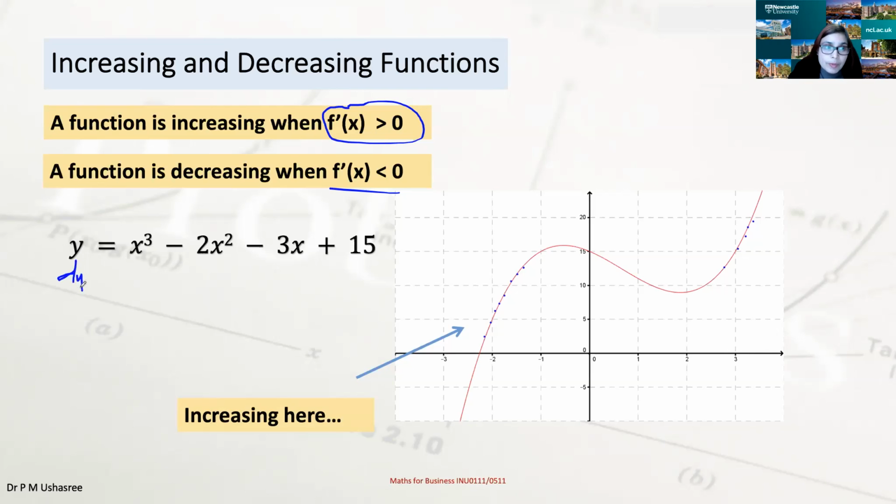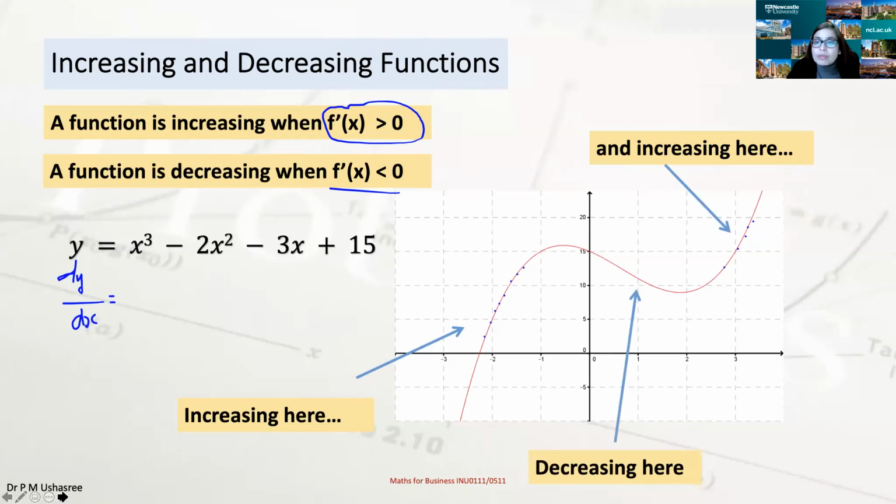That is your homework, guys. Find dy by dx and give me one point where the function is increasing, and give me one point where it is decreasing by looking at this condition. Okay, so that is your homework.